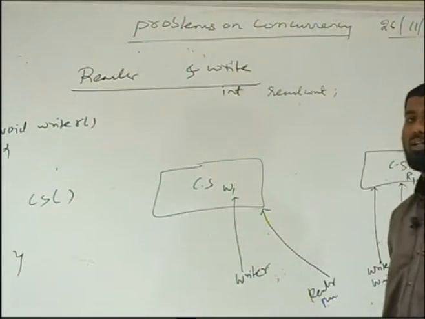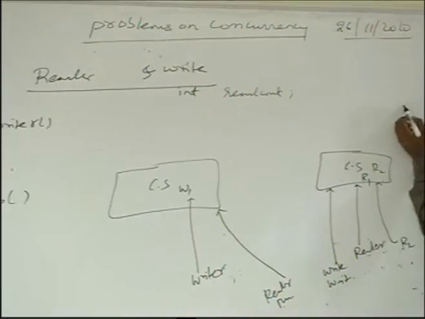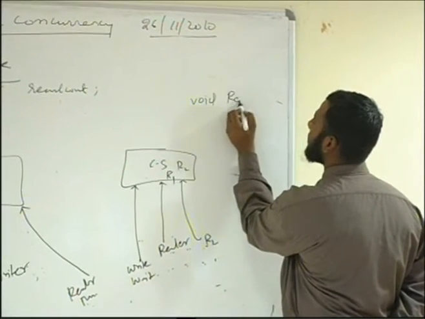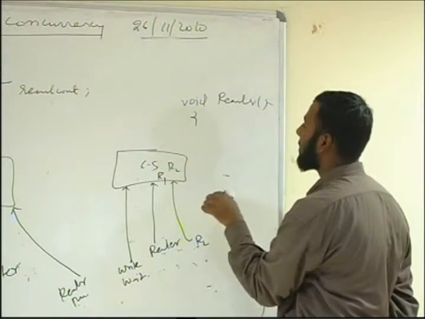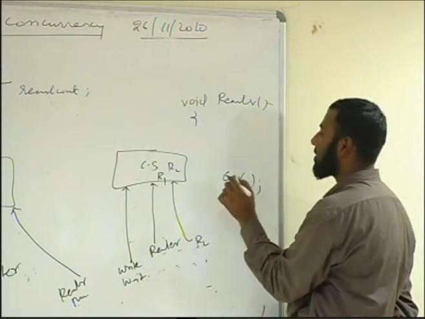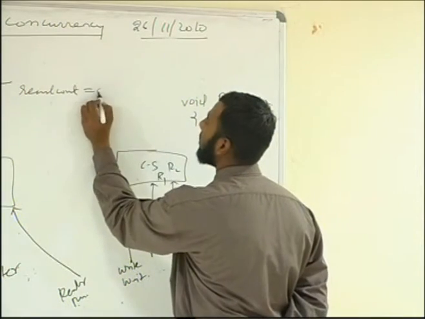That's all. Because the writer process has nothing to do with this. And whenever you have a reader process, when this reader process wants to enter into the critical section, it has to modify the value of read count before it enters, and we initialize the read count value to 0.